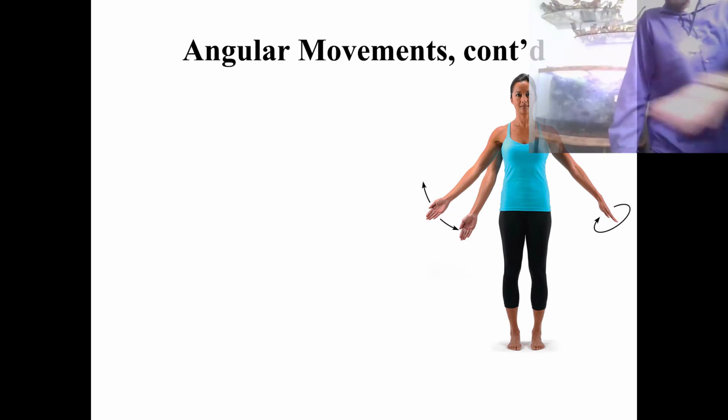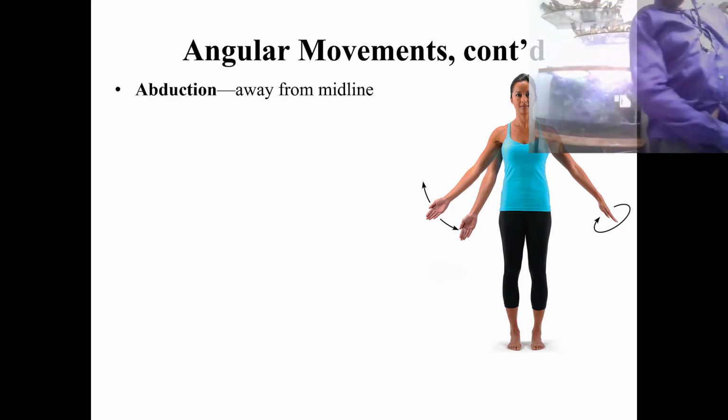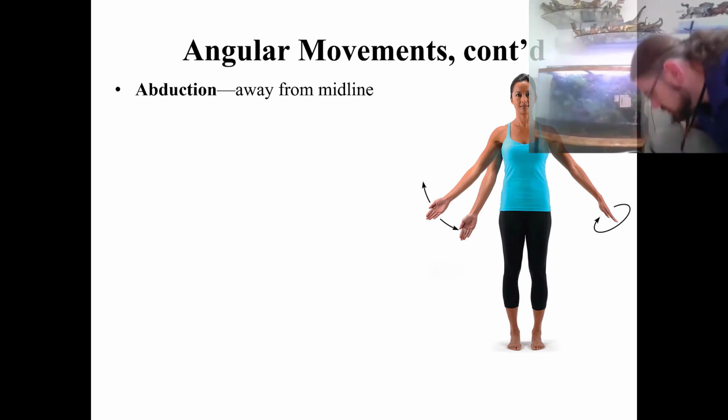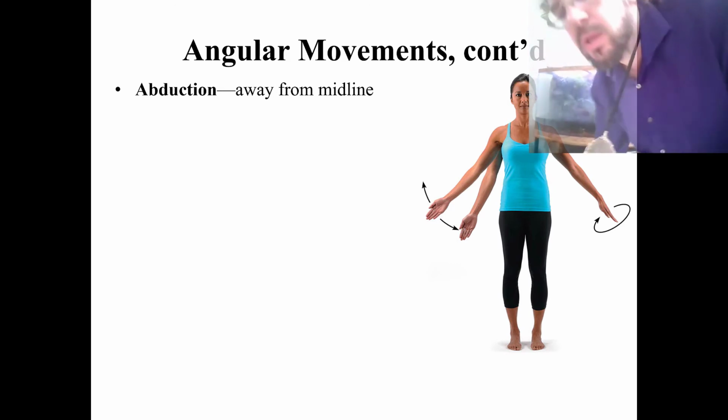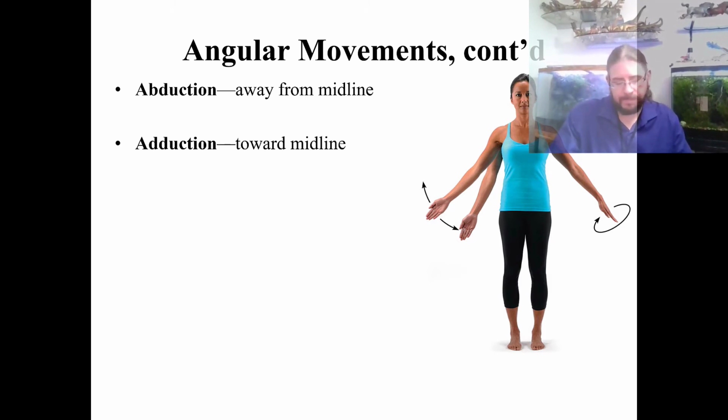If I am grabbing this arm and taking it away from myself, I am abducting my own arm. It is abduction, moving away from the midline. Then we have back towards the midline, which is adduction.